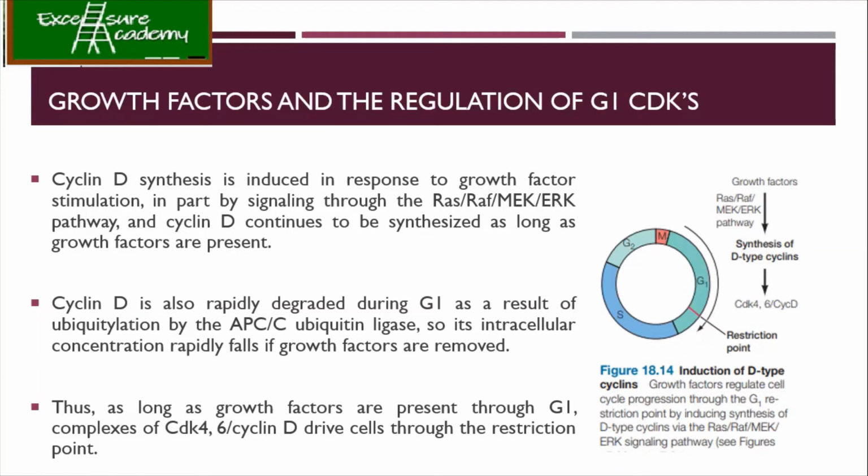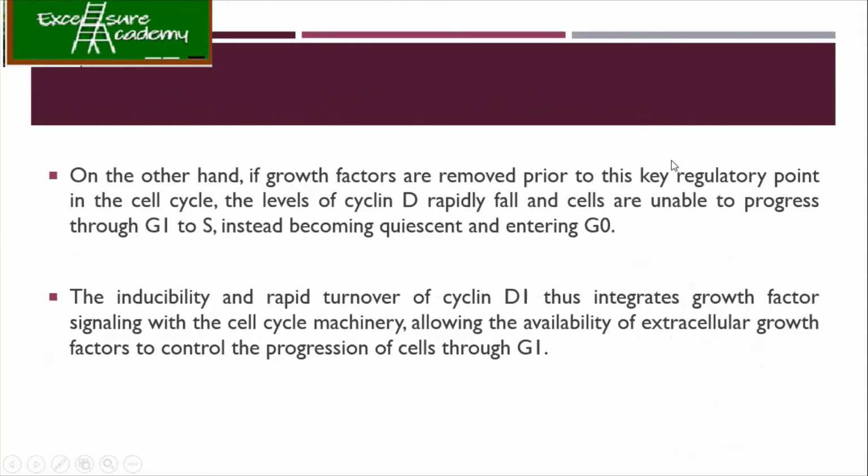So SCF is responsible for declining the concentration of your cyclin D. Thus, as long as growth factors are present through G1, the complex of CDK4, 6 and cyclin D will drive through the restriction point. So which cell signaling pathway was used here? RAS-RAF-MEK-ERK pathway.